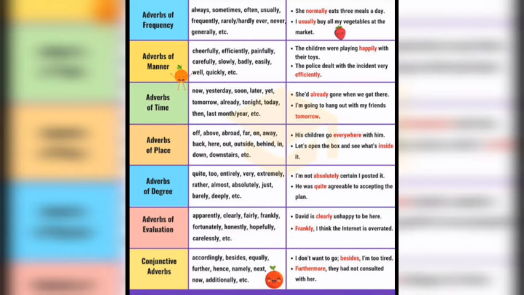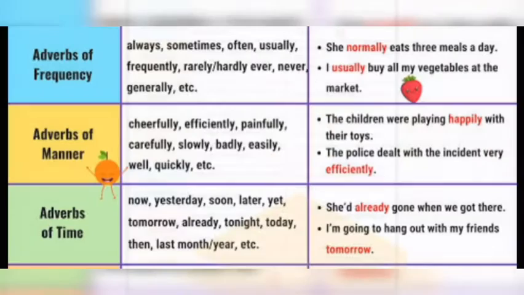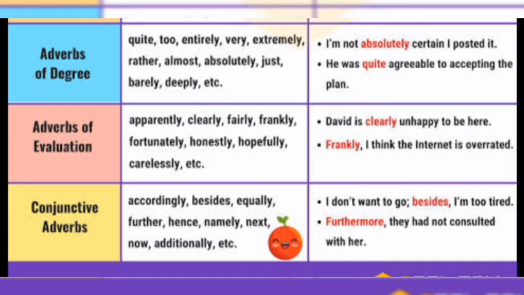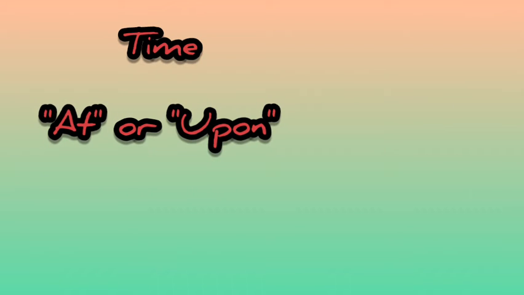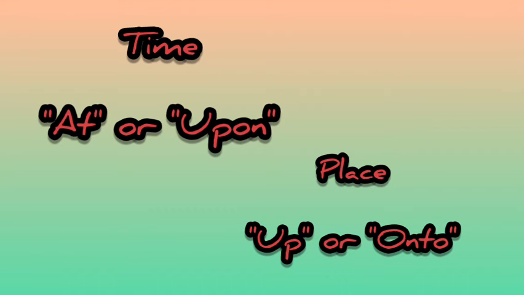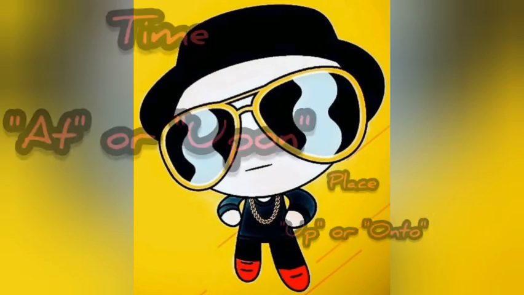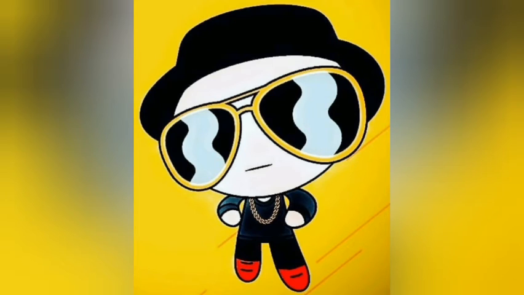And they are divided on frequency, manner, time, degree, evaluation, and conjunctive adverbs. And finally, we have the preposition that joins phrases between them. They are divided on time, as at or upon, and for place, could be up or onto, to give a few examples.